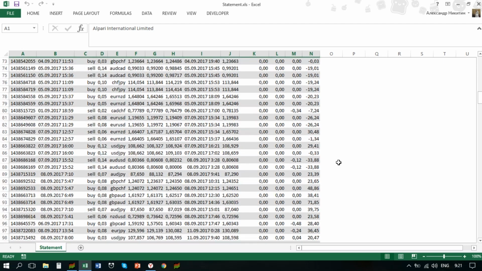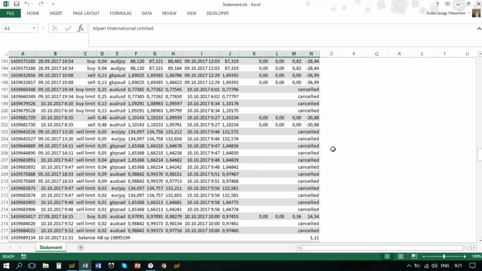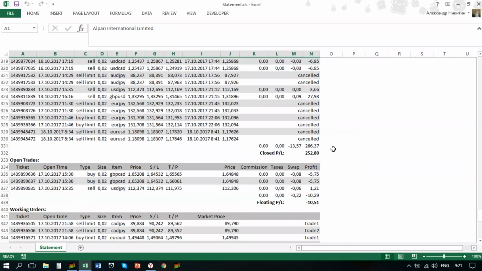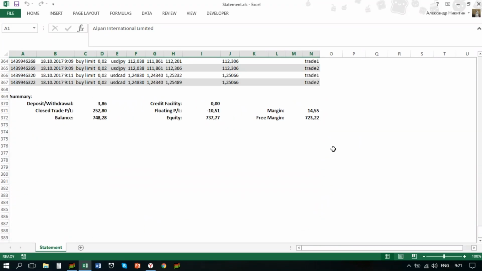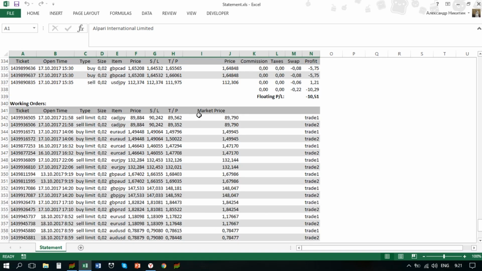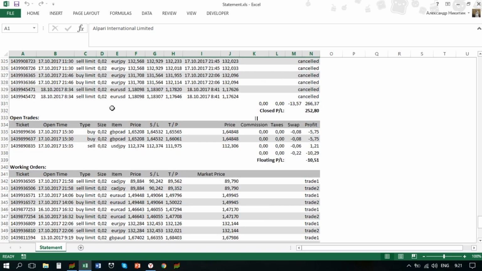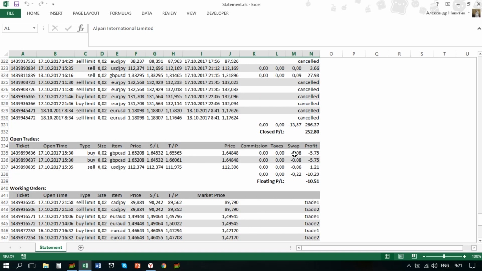So these are the trades that I had with this software. These are the trades that are pending right now. You can see they are called working orders, and these are the open trades that I have running right now. It is the dollar yen, second position, and the 2 trades from pound Canadian, so it is another one.